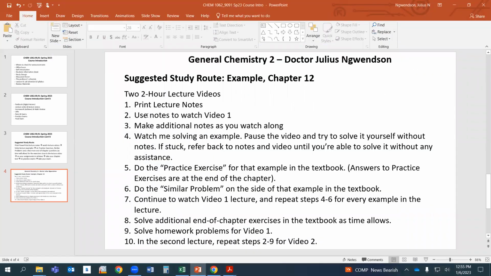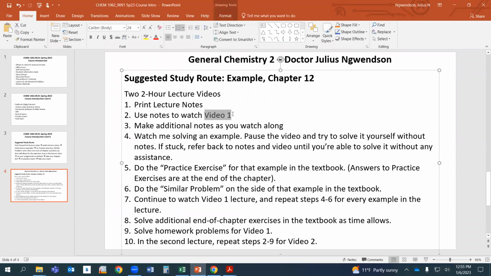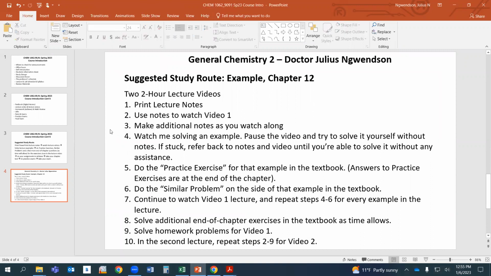Then the second thing to do is use the notes to watch the first lecture, which is video 1. And how do you use the notes to watch that first lecture? The notes that you have printed already have written material in them. So when you are watching the video, you don't have to write down those things that are already written.